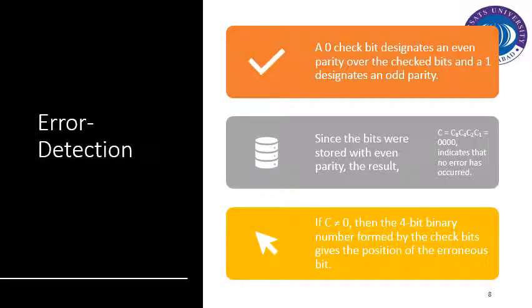So how are we going to detect the error? A zero check bit designates an even parity. If a check bit has a value 0, it represents an even parity over the check bits, and a 1 designates the odd parity.